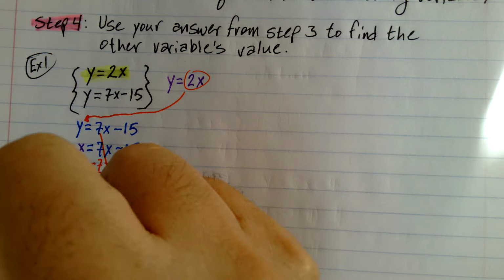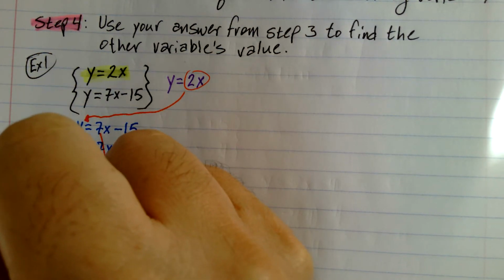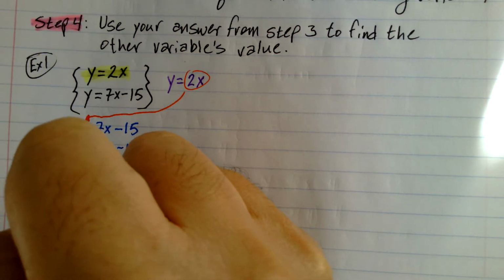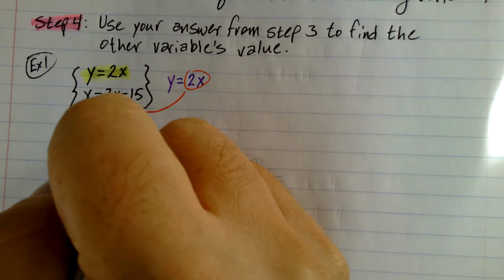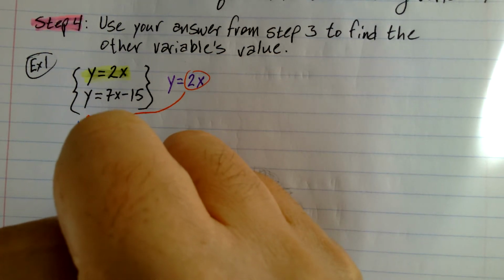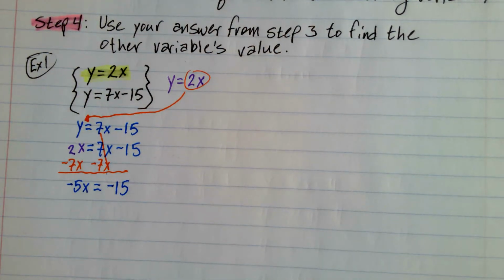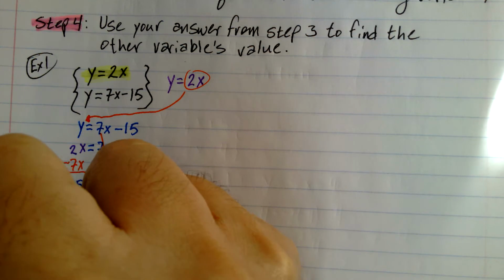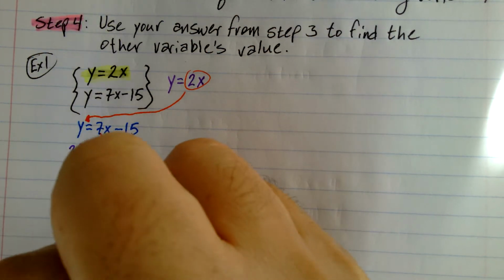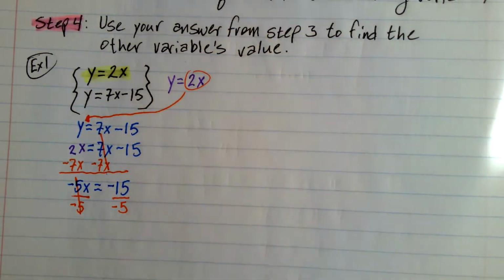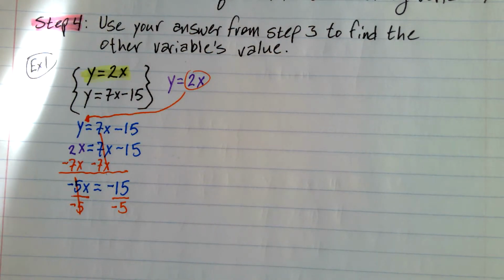Now I can write this down again. 2x take away 7x, you're adding a positive and a negative, is negative 5x, equals, that canceled, I still have negative 15. I can go on to solve this. Divide by negative 5. Now we're just solving equations like we've done most of last semester.